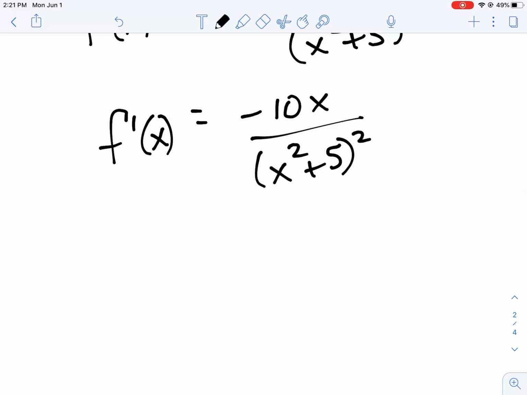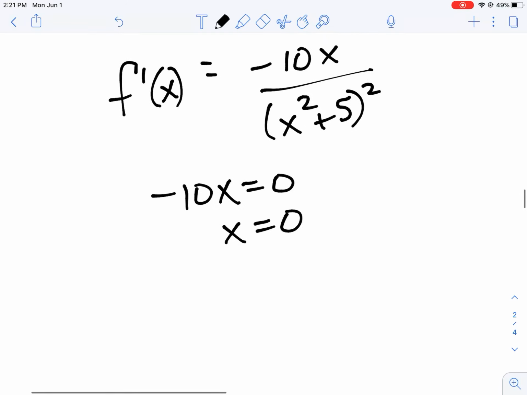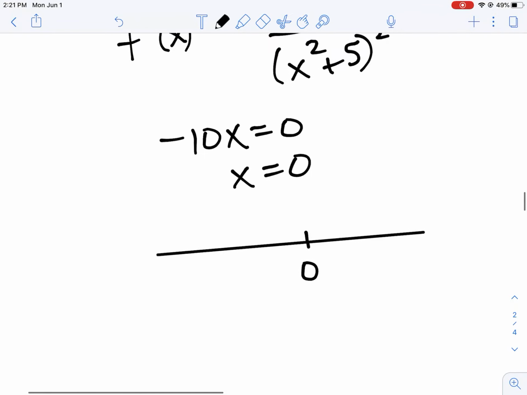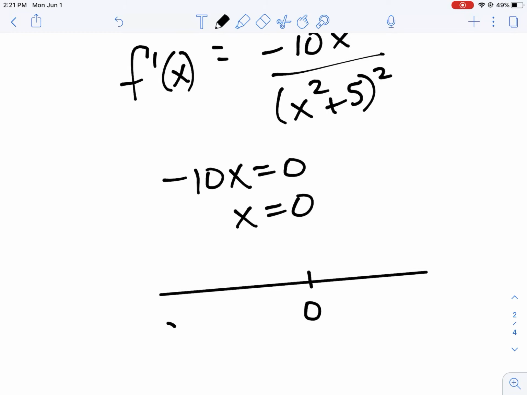We care about where this is equal to 0, and the derivative is equal to 0 when the numerator is equal to 0. So negative 10x has to be 0, which means x has to be 0. So my first derivative is 0 at 0. If I have a negative number, let's do f prime of negative 1.